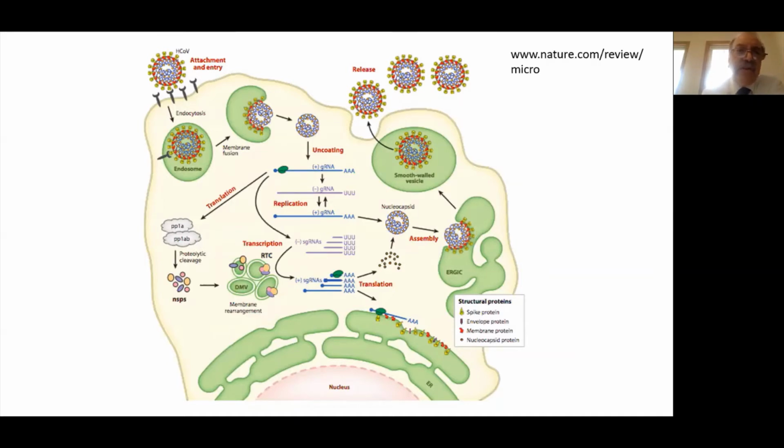After this uncoating of the viral genome, which is now in the cytoplasm, it can immediately be bound by ribosomes in the cell, which then begin to translate the RNA genome into protein. And the very first early protein is a polyprotein that is involved in making more of the viral genome. These proteins over here are basically the RNA polymerase.